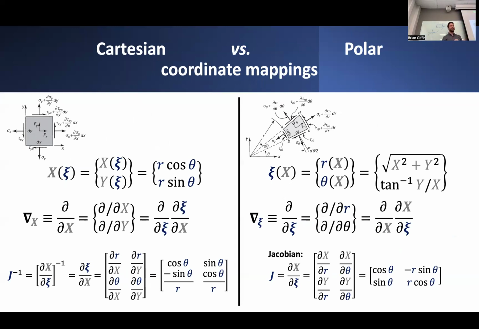The only thing that I'll introduce as an additional novelty here is to say in our classical Cartesian coordinate frame, we described positions within the body through this coordinate, we'll call it capital X, which is really just a vector that contains two coordinates, x and y, in a two-dimensional coordinate frame. Now, if we wanted to transform that representation of our xy coordinates into equivalent cylindrical polar coordinates, we need to come up with some kind of coordinate mapping or transformation between these descriptions.